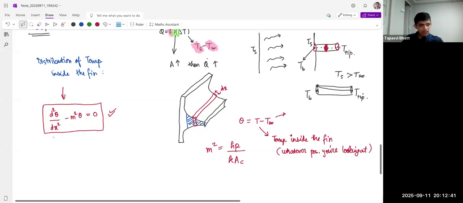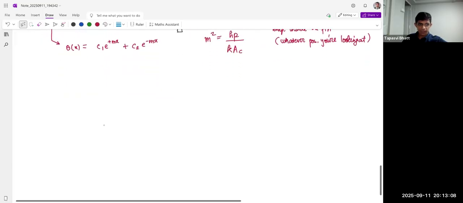If you have to solve this, you integrate it twice and then you get theta as a function of x is c1 e to the power plus mx plus c2 e to the power minus mx. This is the general solution of such differential equations. Now we have to put the boundary conditions to finally solve for the temperatures. What I'm doing here is essentially completely discussing the derivation, but okay, we have time for that.